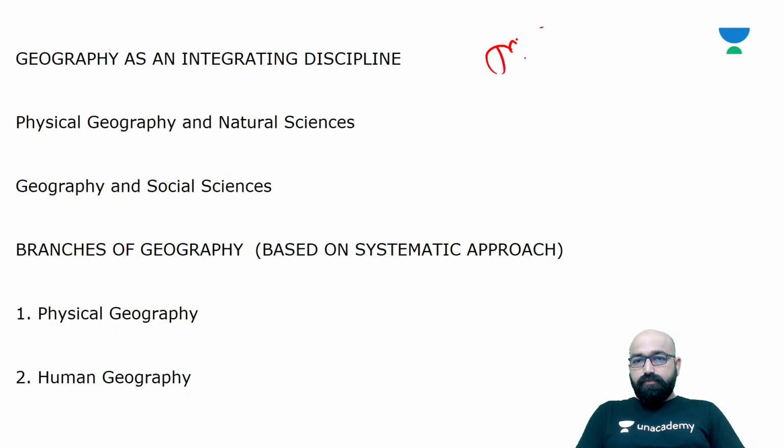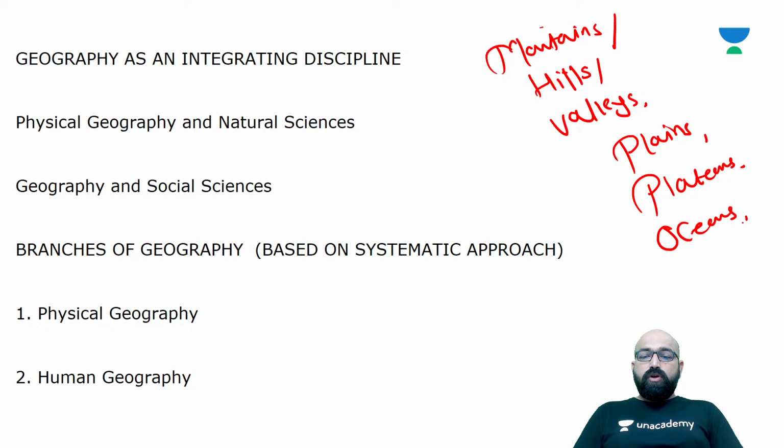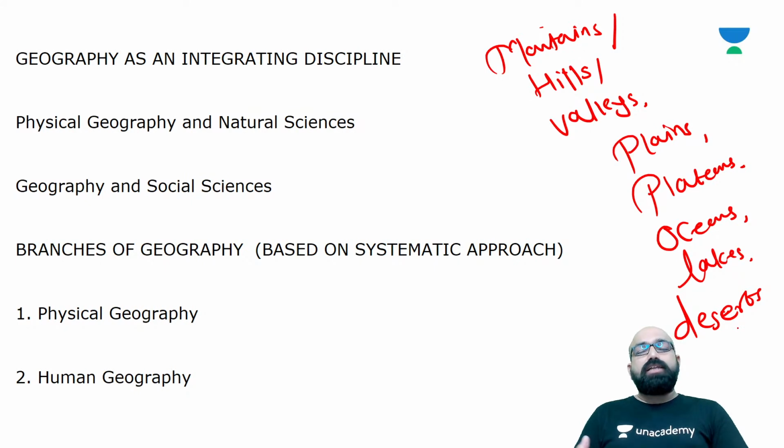So there are mountains, hills, valleys, plains, plateaus, oceans, lakes, deserts, and along with these, cultural features also.